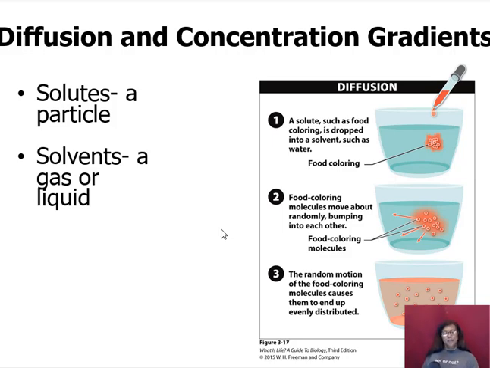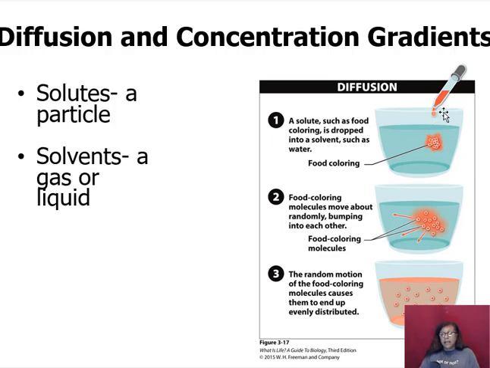Think of it as particles are just antisocial. They don't want to be with other particles. Here is a nice image: I've got the solvent, this liquid, say it's just water, and I put a drop of food coloring, and that food coloring has the particles of dye, right?